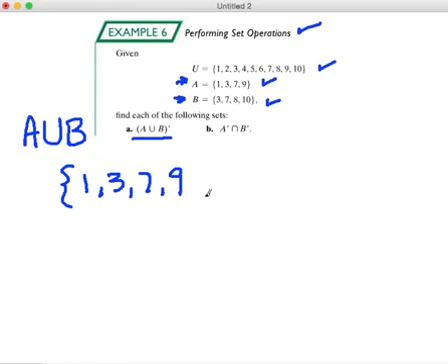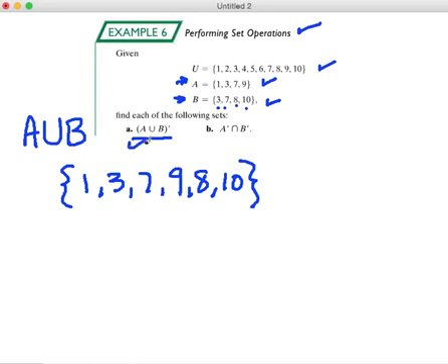Now remember, it's union, so I'm going back over here and looking at B. Well, B, I have a 3, I already got that. 7, I already have that. 8, I need an 8, I'm going to put an 8 right here. And then 10, I'm going to put 10 right here. Okay, so that's A union B.